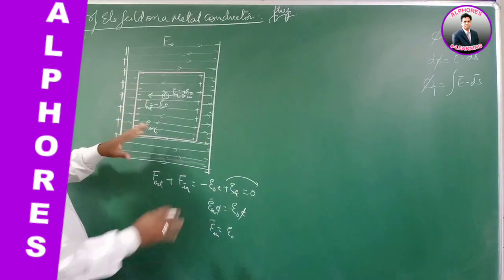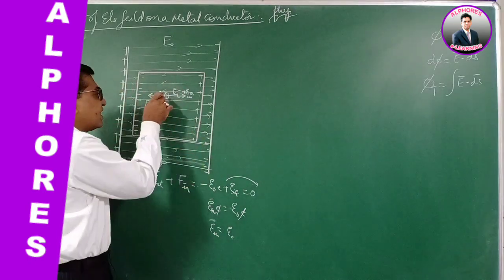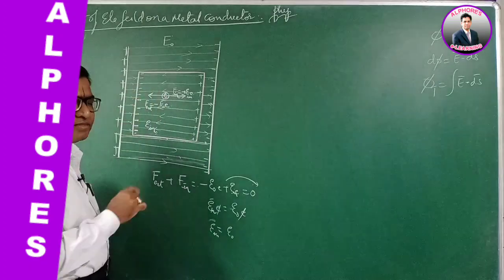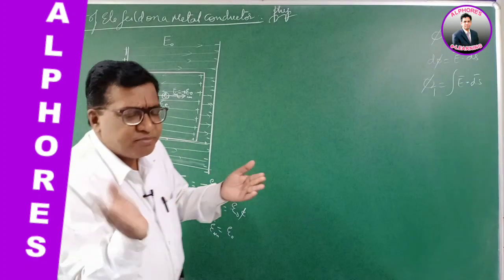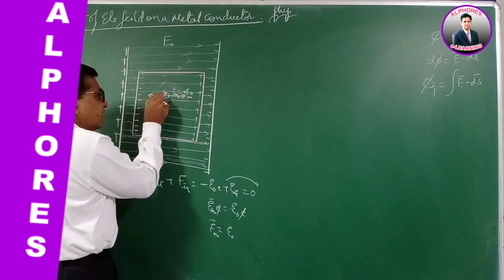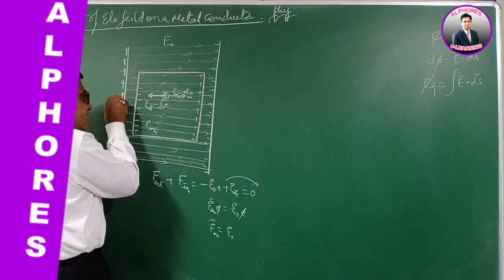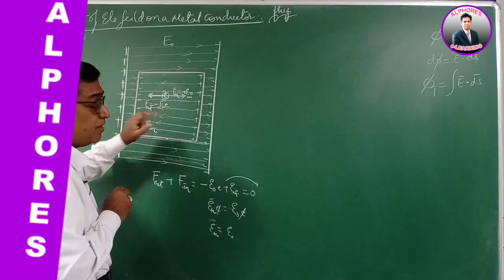After the adjustment and distribution take place, if I consider some other electron in between, the external electric field applies a force and attracts the electron in this direction: minus E naught e.